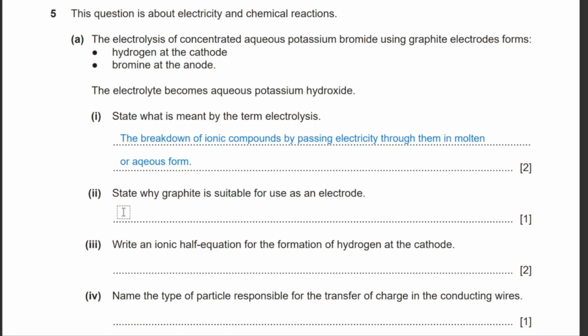State why graphite is suitable for use as an electrode. It is inert. Write a half ionic equation for the formation of hydrogen at the cathode.